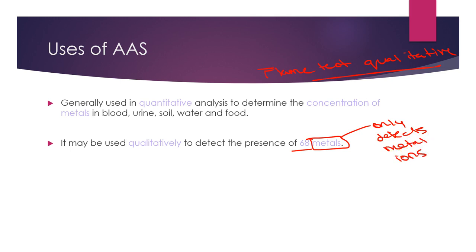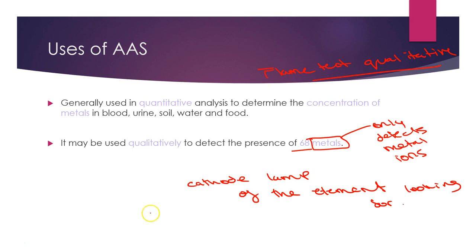Okay, and this is because it uses a lamp of the metal that we're looking for in order to produce the light. So what happens is that we use a cathode lamp of the element that we're looking for to produce that light of the specific wavelength, if that makes sense. So in this case, if we were looking for calcium, we would actually use a calcium lamp, has a calcium filament.